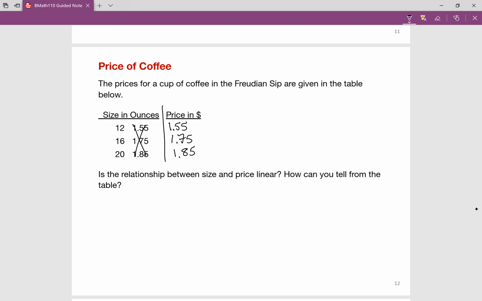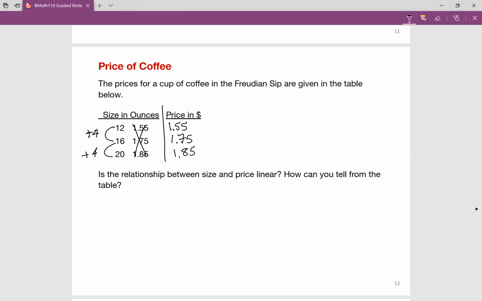So the question is, is the relationship between size and price linear, and how can you tell from the table? In order to do that, you check the difference between the first size and the second size, and then between the second and the third. So you know that it is 4, right? The size is increasing by 4.